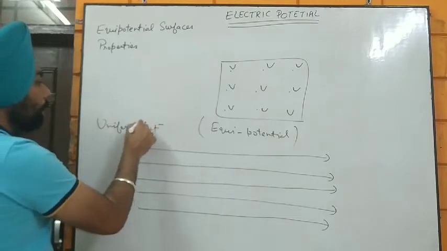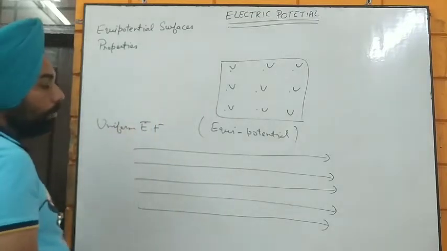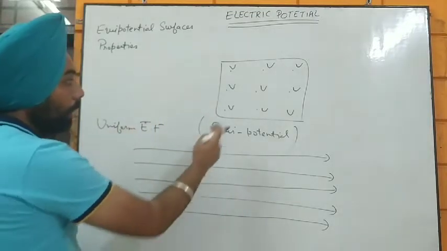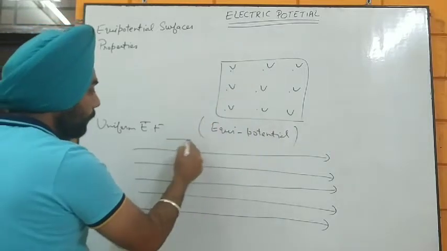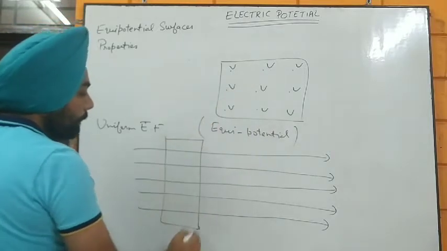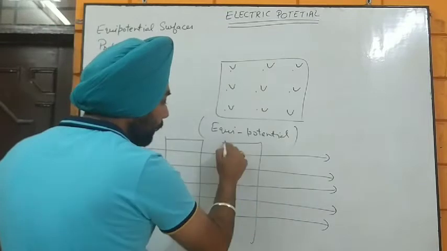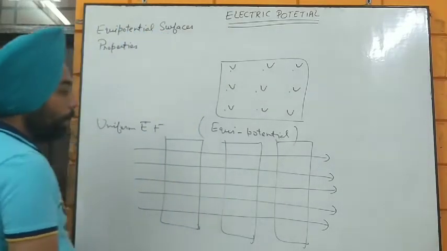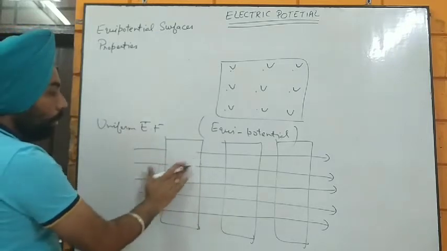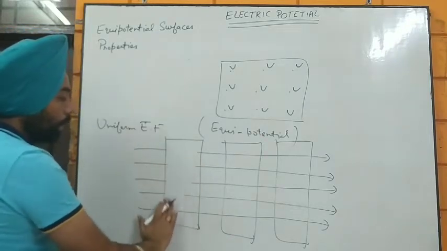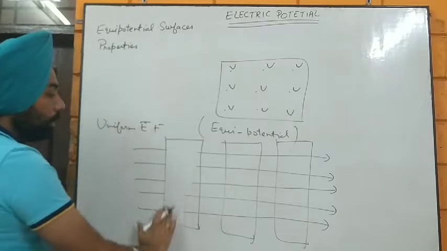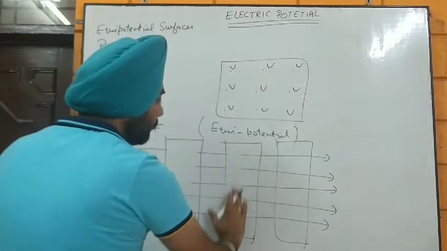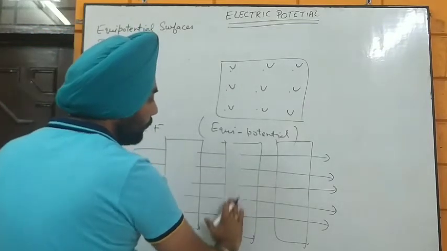electric field. Now, in any uniform electric field, the equipotential surfaces are right angle planes. Which means the lines pass through them at right angle, you can say. That is the correct way to answer that.